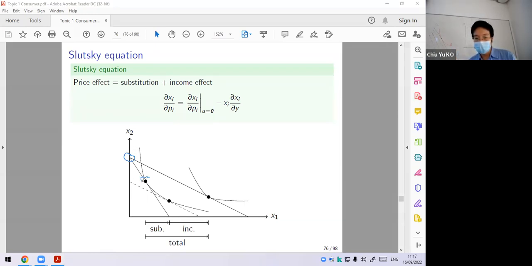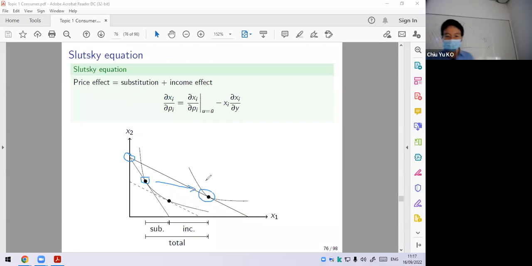Now from here up to here, why is it called total effect? Actually, this is what the Marshallian demand is capturing, right? Because you just rotate, you just turn the price. Okay. This is from one Marshallian demand to the other Marshallian demand. Okay. So this is called the total effect, or what we call the Marshallian demand effect.